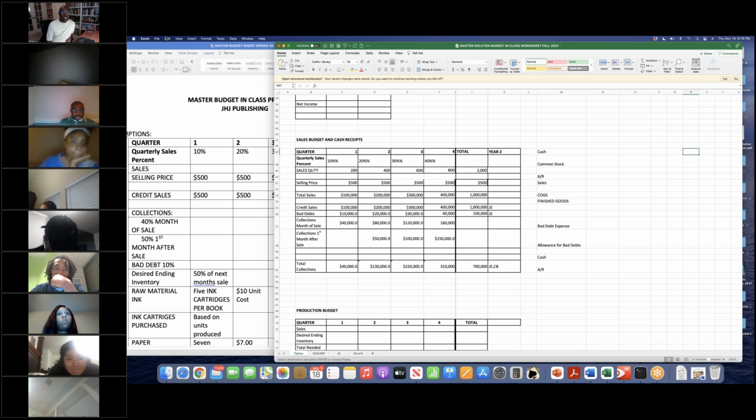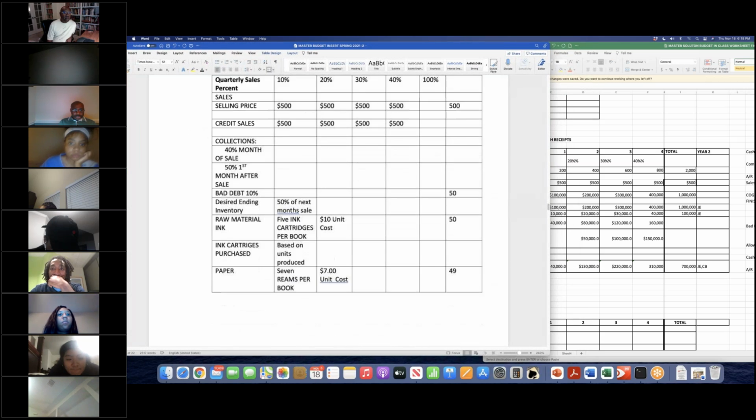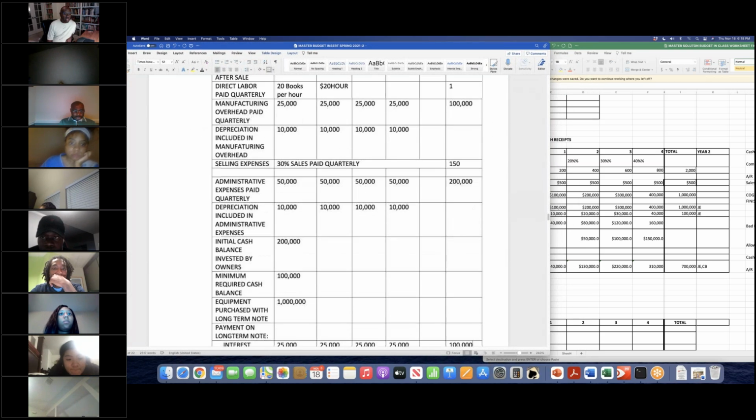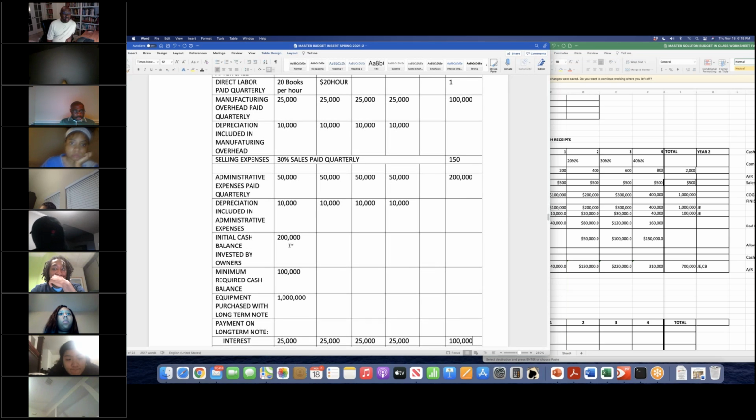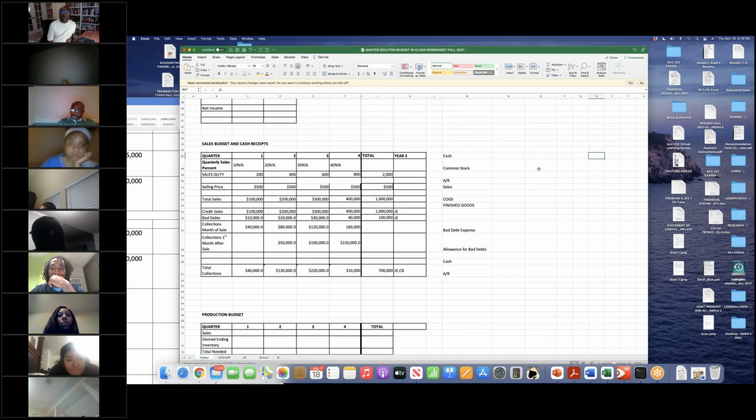And they basically stay the same. We always start a company with cash. So somewhere in the assumptions, it tells us the beginning cash balance. Initial cash balance invested by owners, 200,000. And that's what you'll be doing with your projects. So you're gonna debit cash, 200,000, and credit common stock, 200,000.